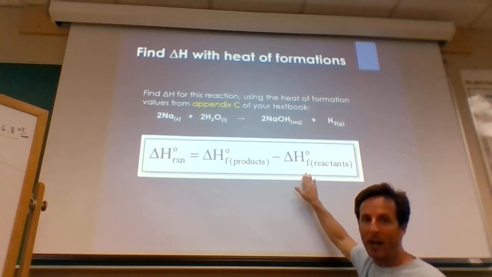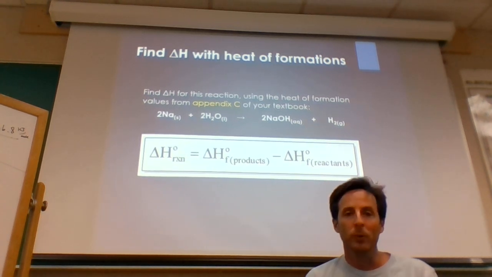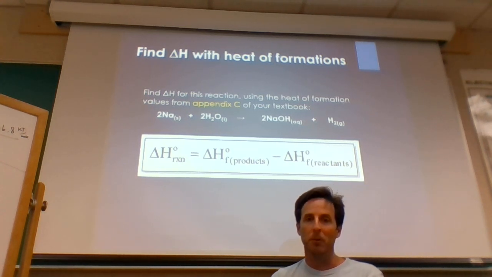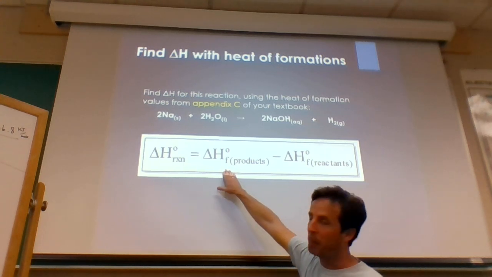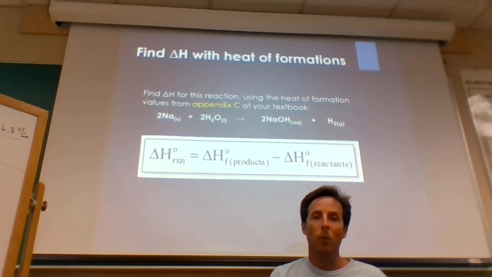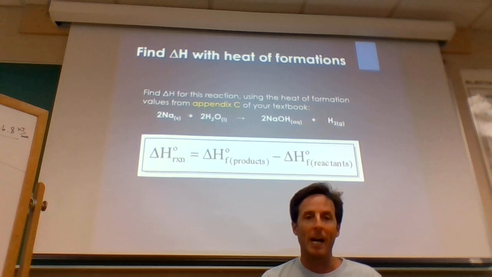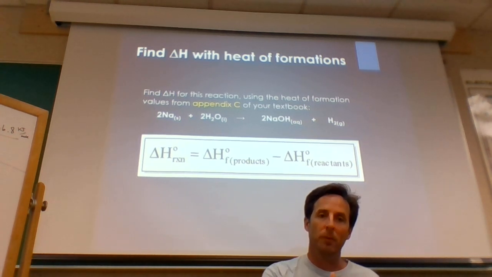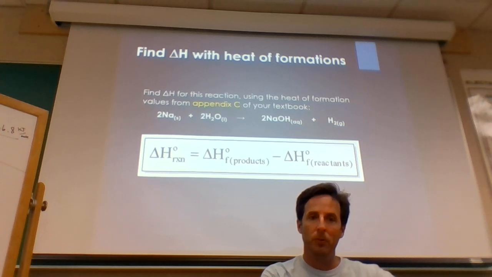Now, why do we subtract them? Well, when we do a chemical reaction, we are forming the products. So the numbers in the appendix, the way they're written, are perfect for the product part. But we are not forming the reactants. In a reaction, we have the reactants in the beginning, and we're going to destroy them. We're going to tear them apart and build something new.